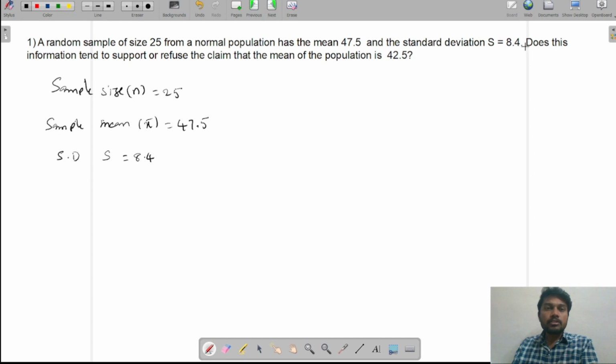So what is it asking us to prove here? Does this information tend to support or refute the claim that the mean of the population is 42.5? So at the population mean nu equal to 42.5, this information will support or refute, that we have to identify.